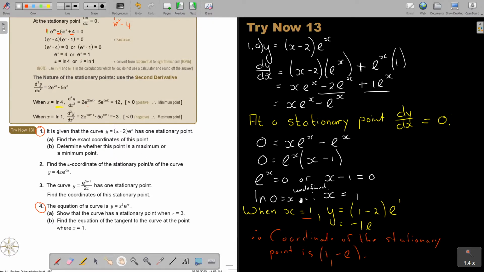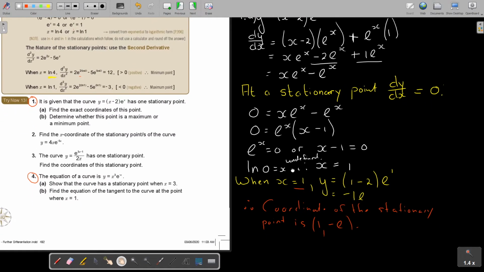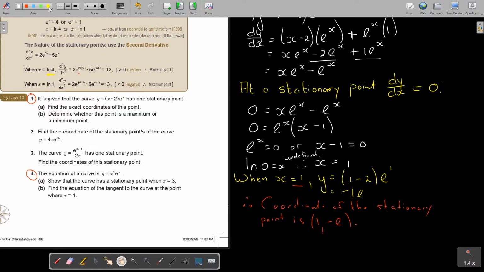This was number A. But now determine whether this point is a maximum or a minimum. So I'm going to differentiate it again. At number B, I take this and differentiate it again, so d²y over dx². I'm sitting again with that multiplication there.